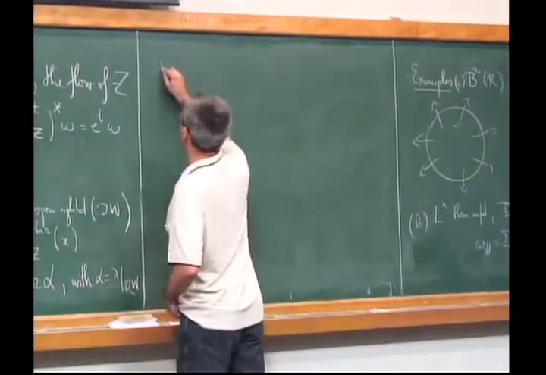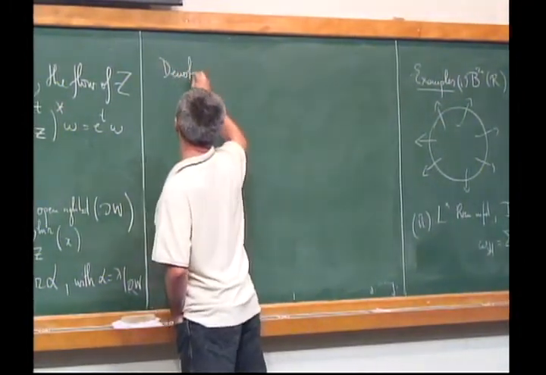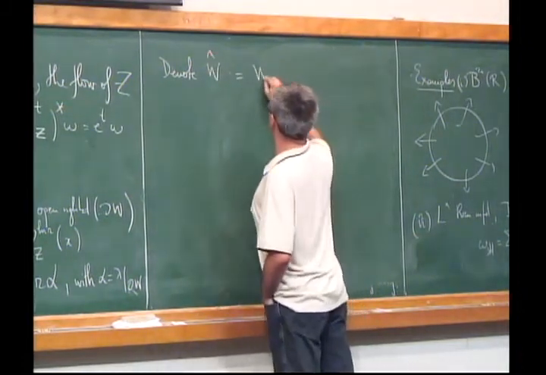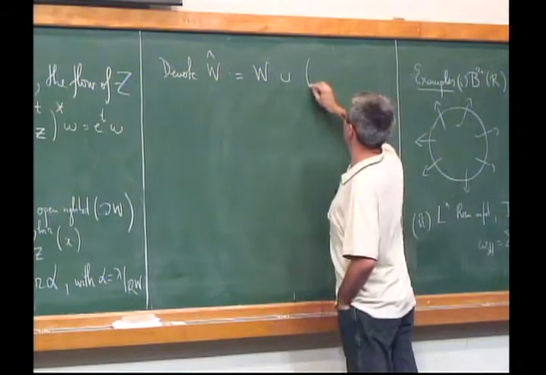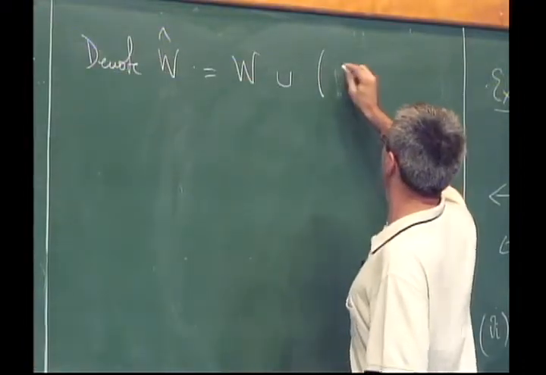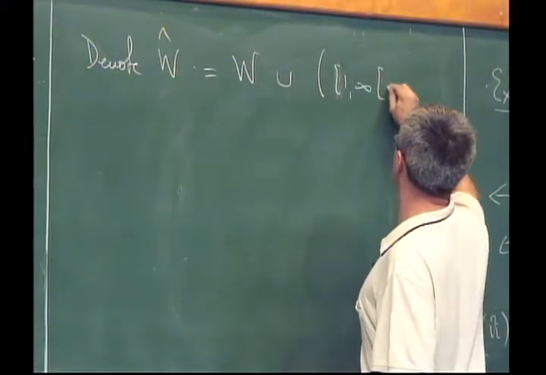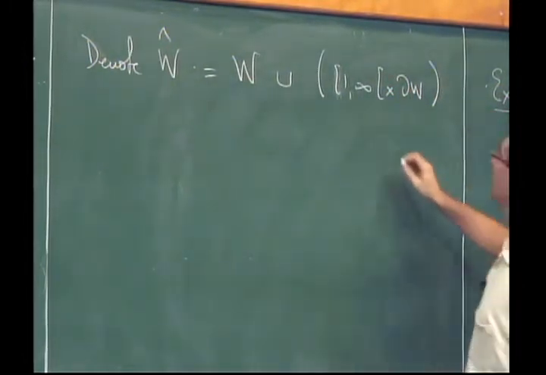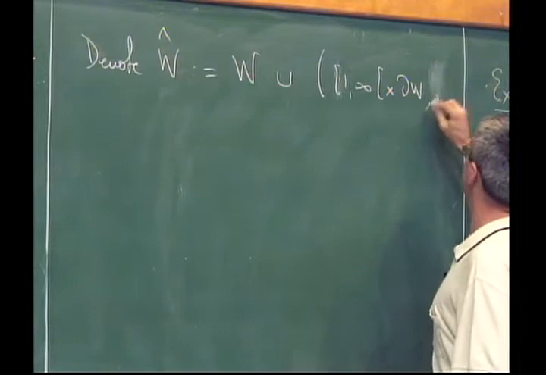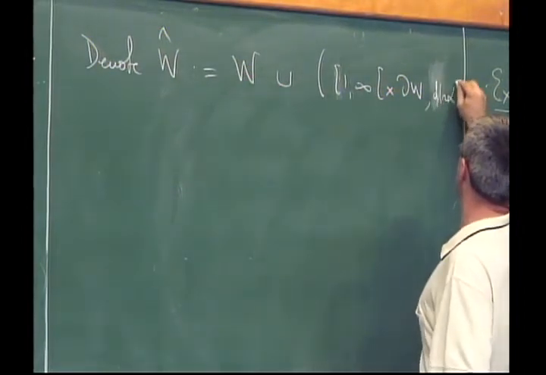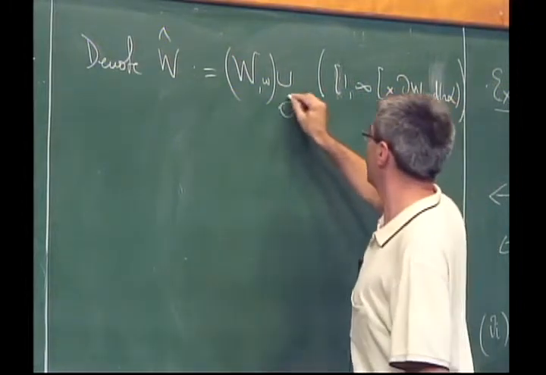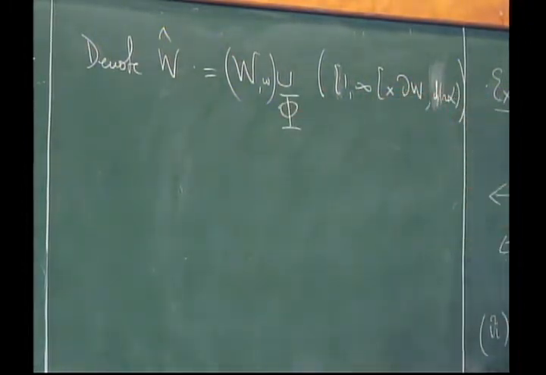So denote W hat to be W union [1,∞) cross boundary. Then here I have d(r alpha), and here I have omega. And the gluing is given through this map phi.